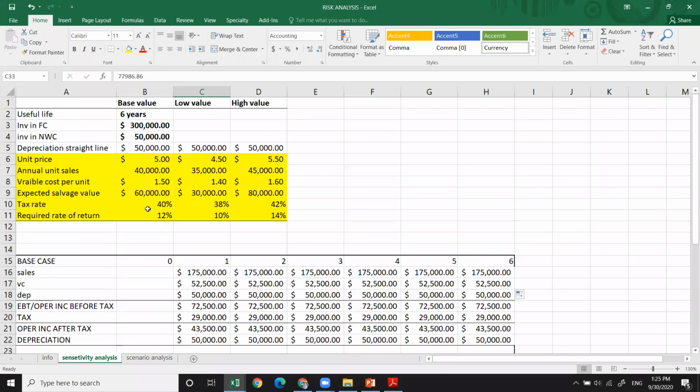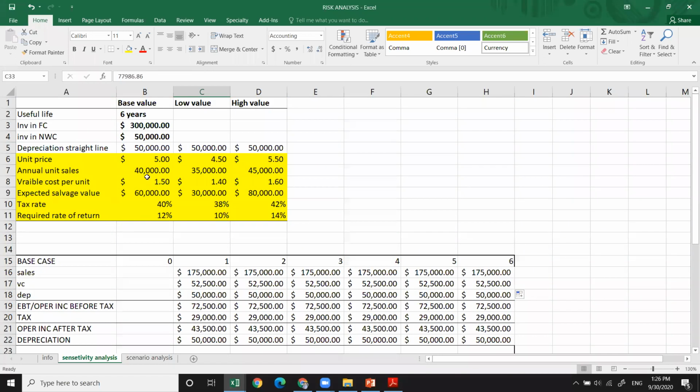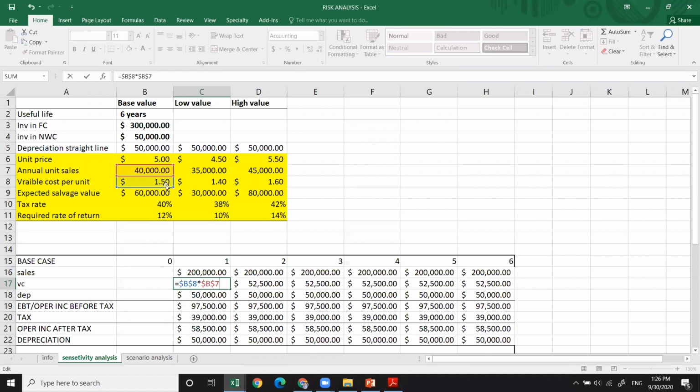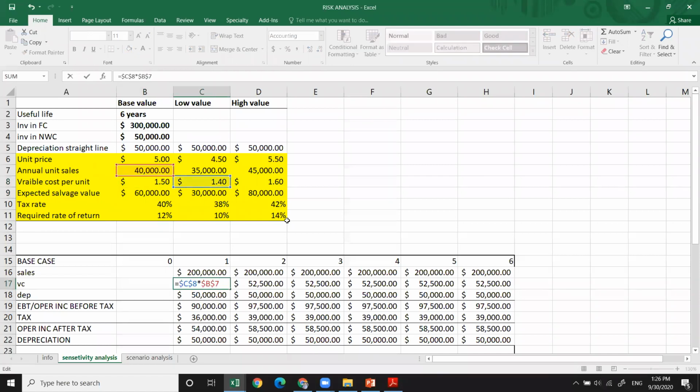Then I go for changing variable cost per unit. Everything will be kept the same. The sales will not change. What is going to change? The variable cost per unit will be not 1.5, but 1.40, with 40,000 annual unit sales, and only the variable cost per unit will change.